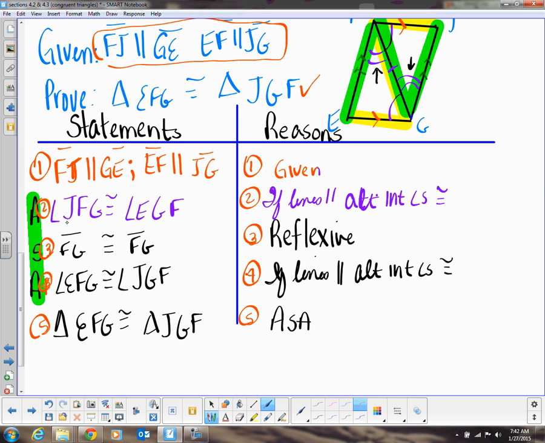I want, instead, this last statement, instead of being over here, to be down here. That's the biggest change. All we've done is put a line between our statements and our reasons. Number 4 has parallel lines, but they weren't Z's. Number 8 had parallel lines, but they weren't Z's.